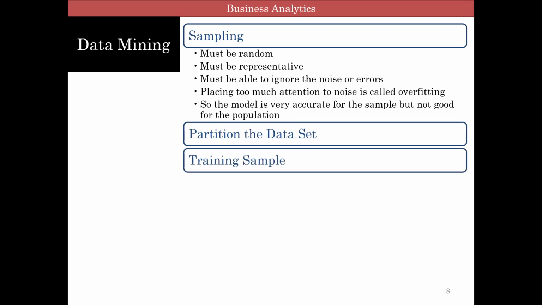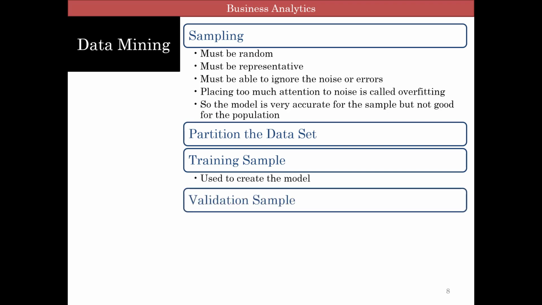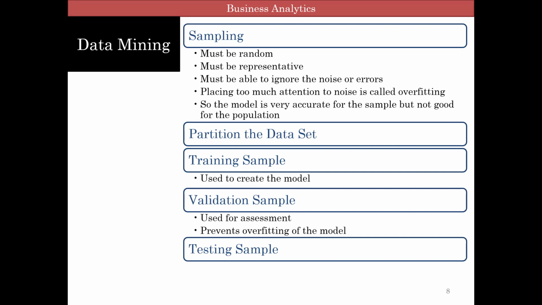So the steps you take are you partition the data set, you create a training sample to create the model, you have a validation sample, use it for assessment, and then you collect new data as a testing sample, and you look at how well the model works with the data. So with this, we stop this particular lecture, and then we get into data exploration and transformation.